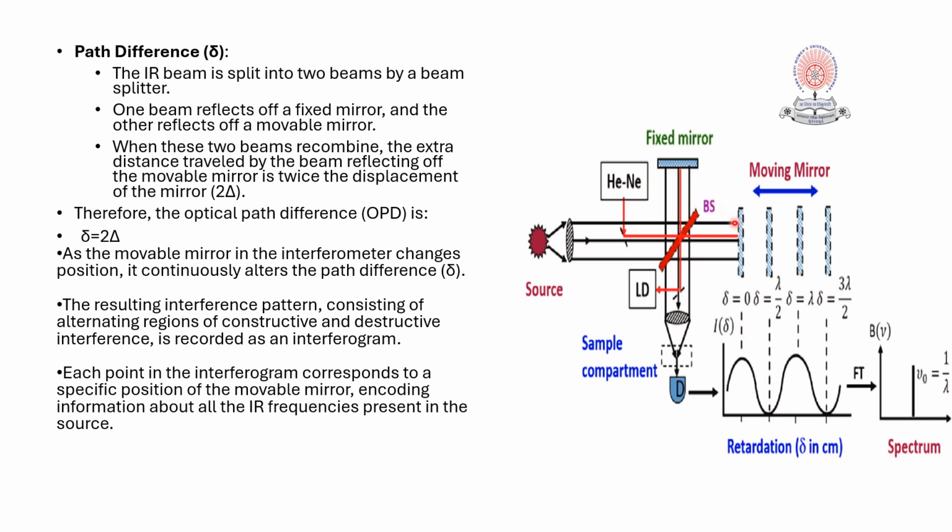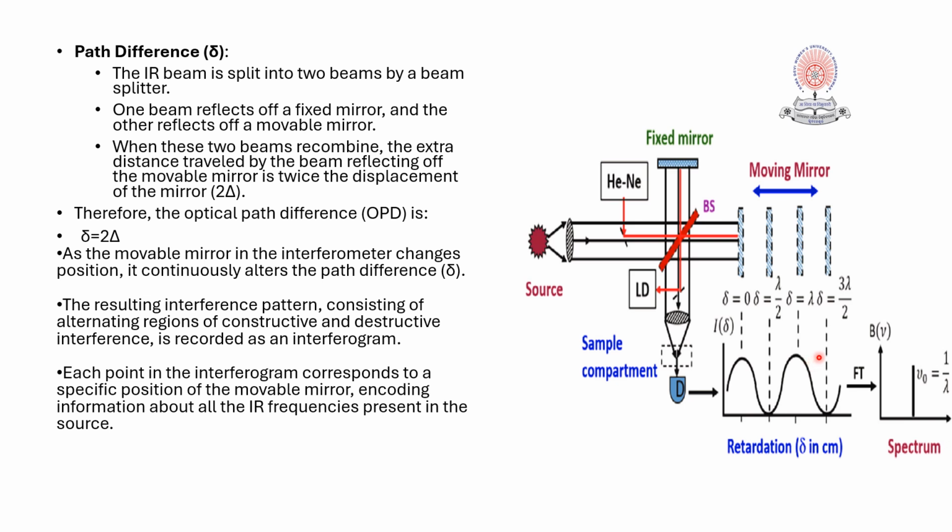If both the mirrors are at the same distance from the beam splitter, the path difference is zero and there is constructive interference. And if the path difference equals the wavelength, there is also constructive interference.